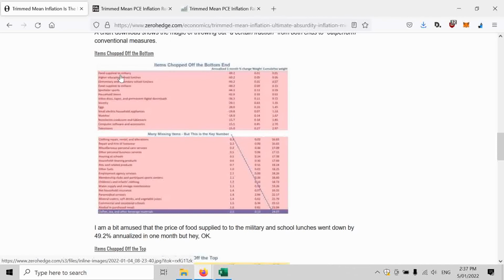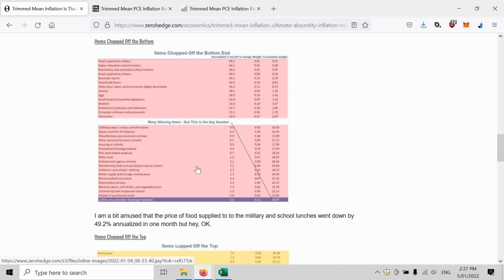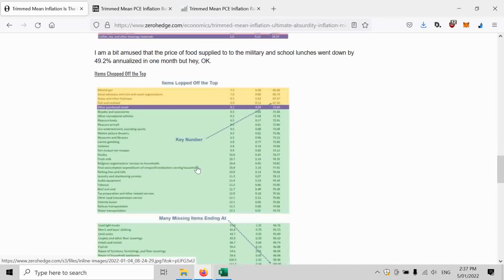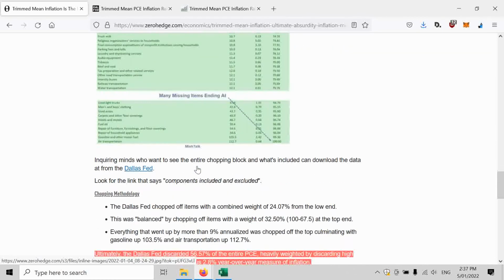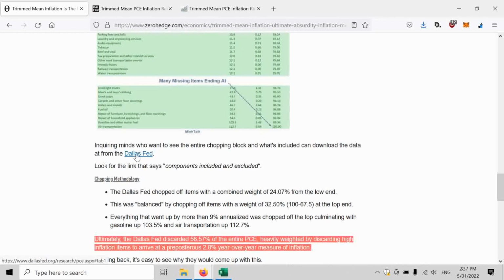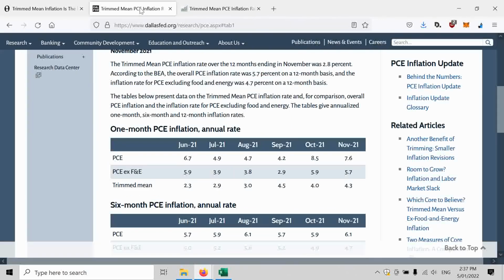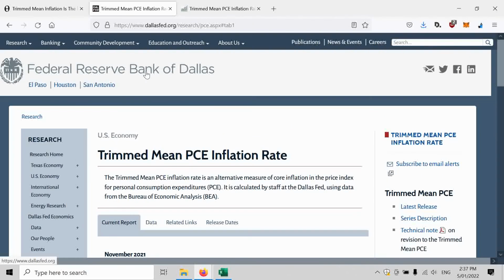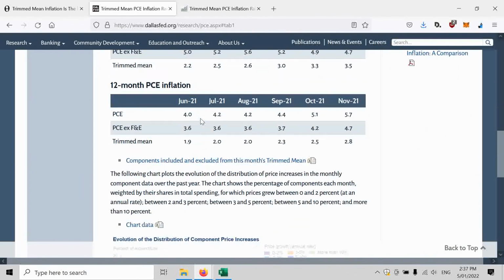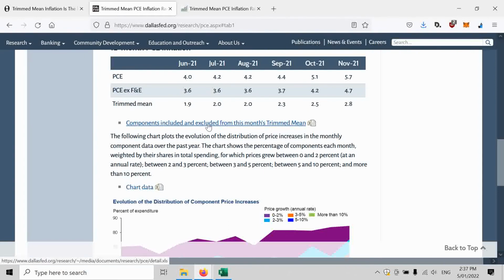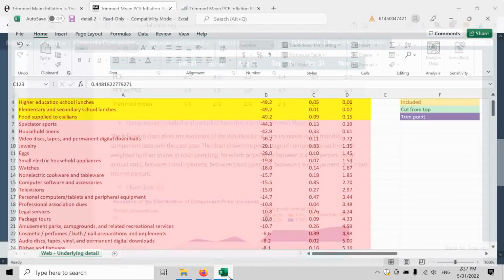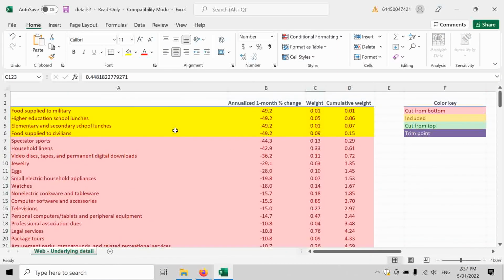This is the list of items that are used to calculate trimmed PCE. And if you go to this link, you will get to the Federal Reserve Bank of Dallas website. If you scroll down, there is this link, components included and excluded from month's trimmed mean, and you get this list.